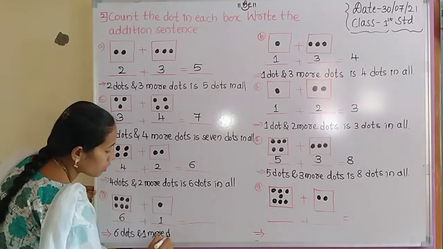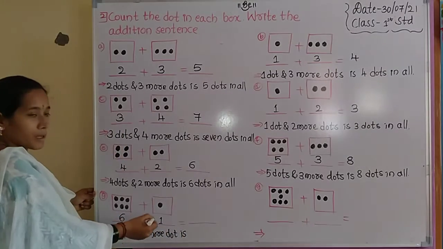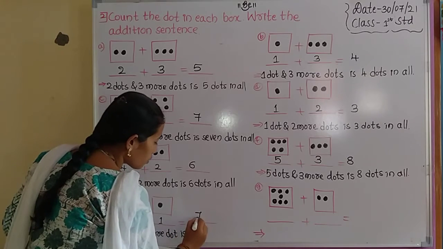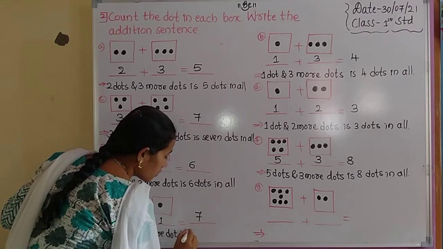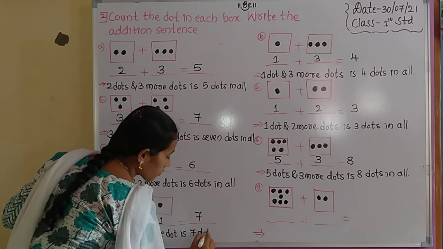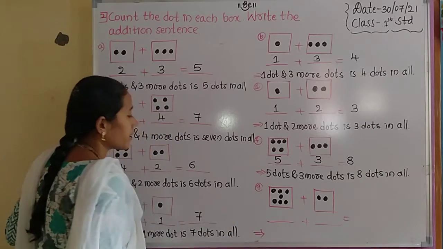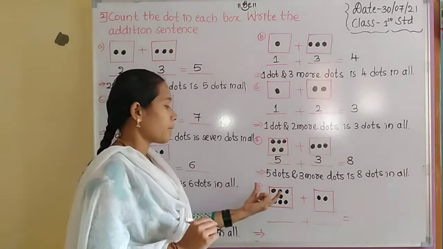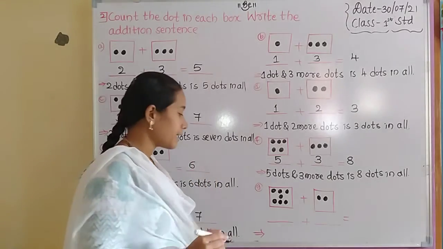So 6 plus 1 is equal to, very good, 7. 6 dots and 1 more dot is 7 dots in all.